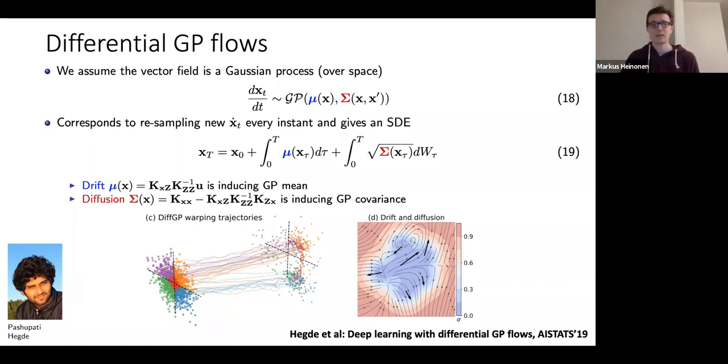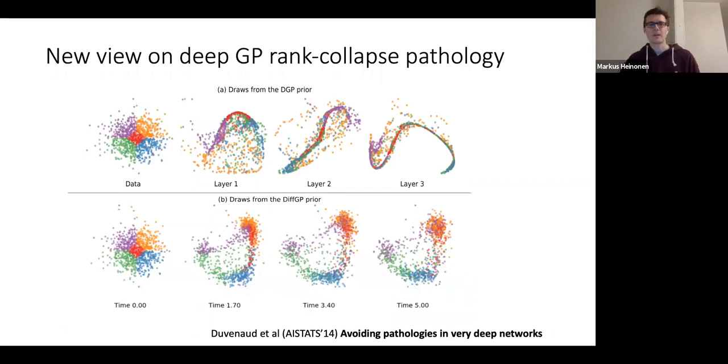So one could say that a single layer of a Gaussian process is doing one step forward in this system, and a deep GP is then multiple steps. So you could say that actually deep GP could be defined from this viewpoint as well. However, there is one crucial difference here. In deep Gaussian processes, there is a known pathology that if you apply arbitrary data through several layers of Gaussian processes, you tend to get these slivers of mass.